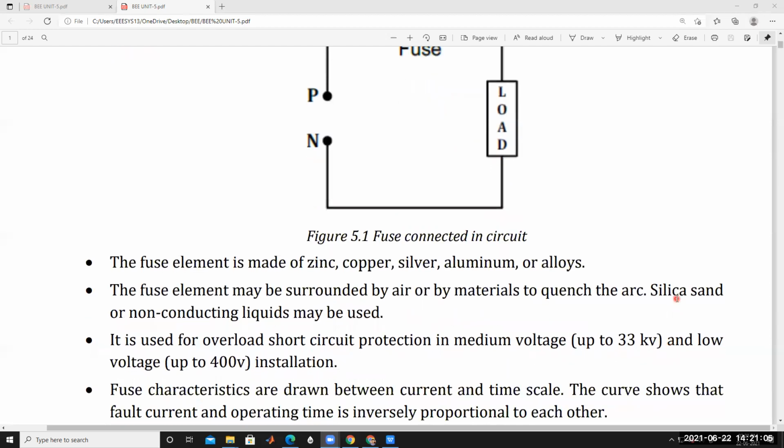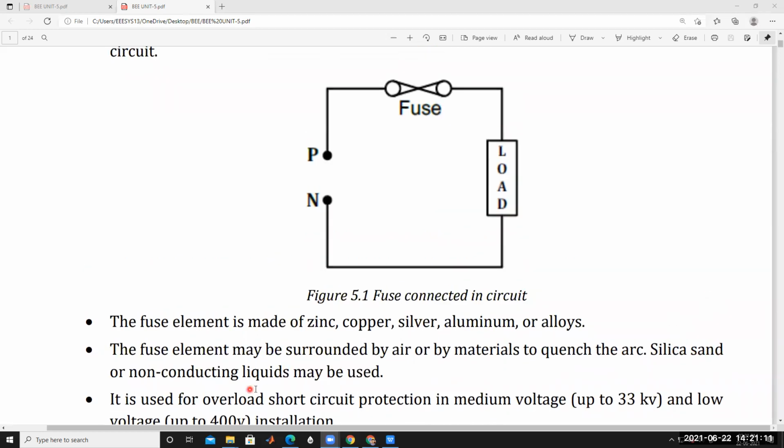The fuse is placed in silica sand, or non-conducting liquids may be used. This type of fuse is used to pinch the arc and avoid reconnection. Insulating materials are used.